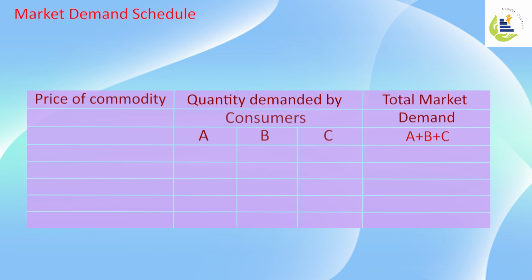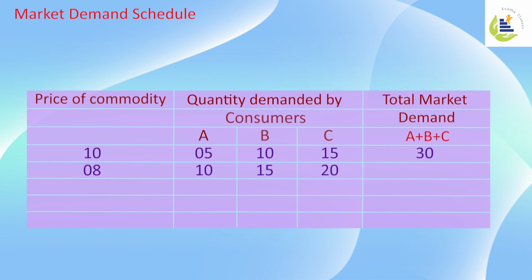So in this chart, when the price of a commodity is 10 rupees, consumer A demands 5 products, consumer B demands 10, consumer C demands 15 products. So in all, a total of 30 products are demanded. If the price goes down to 8 rupees, then consumer A demands 10 units, consumer B 15 and consumer C 20.